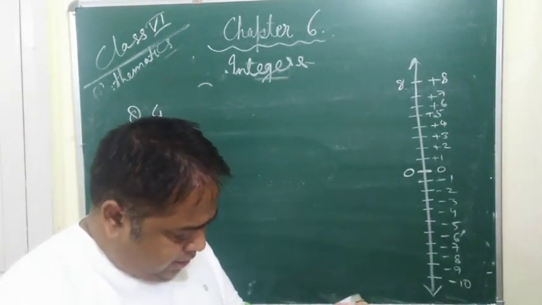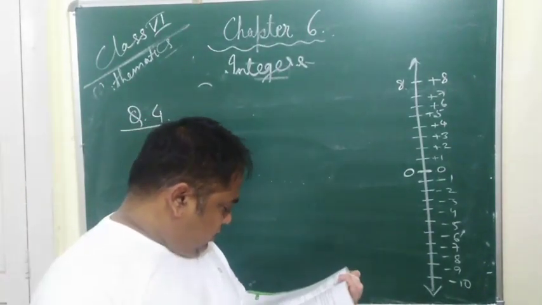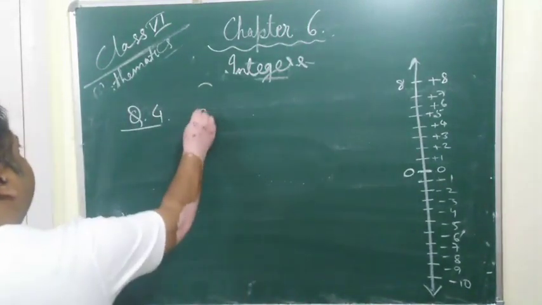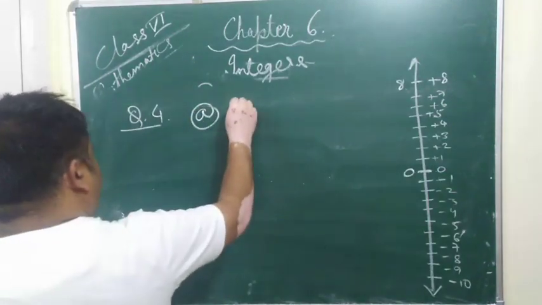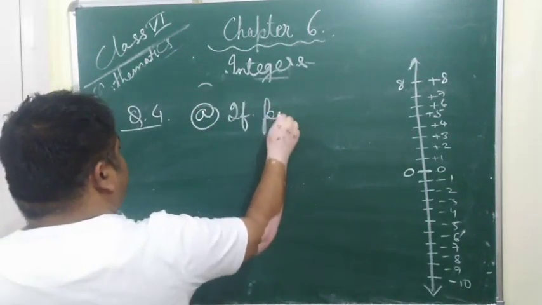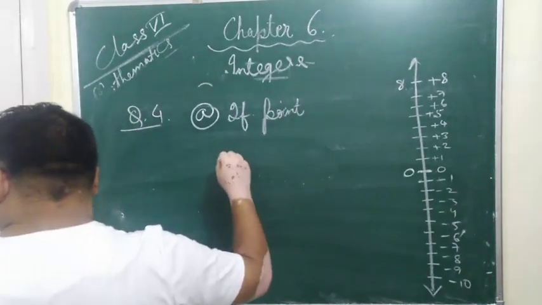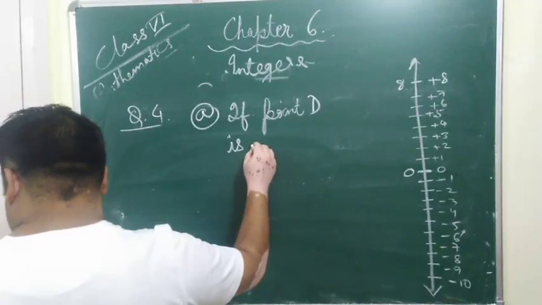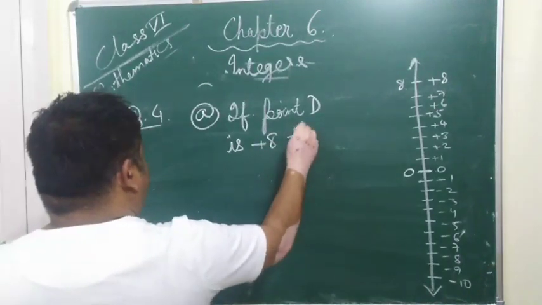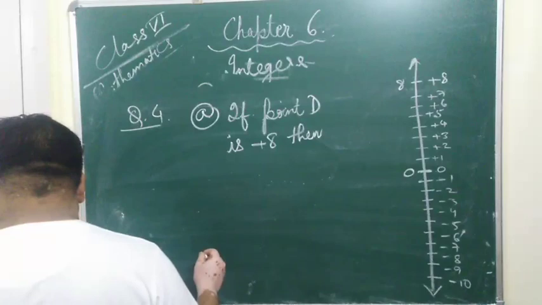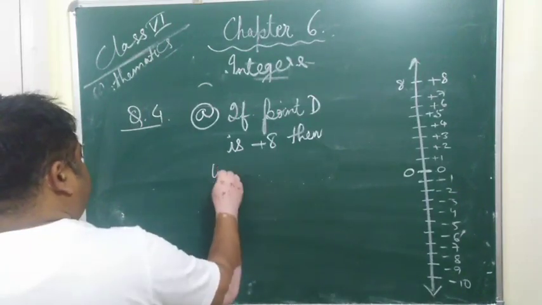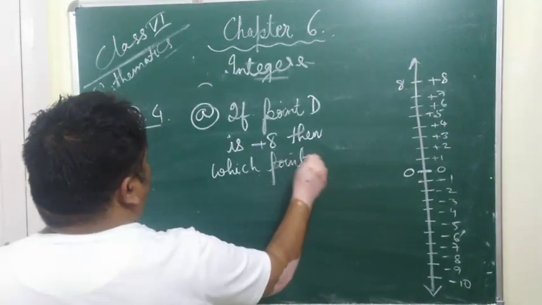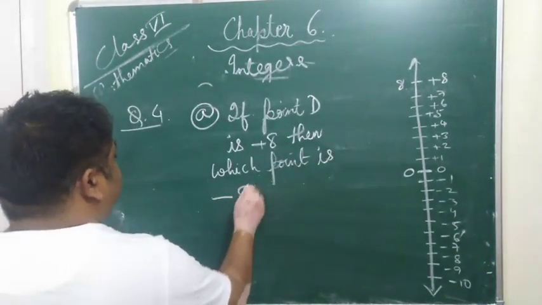Now we have to locate the points. See question A: if point D is plus 8, then which point is minus 8?